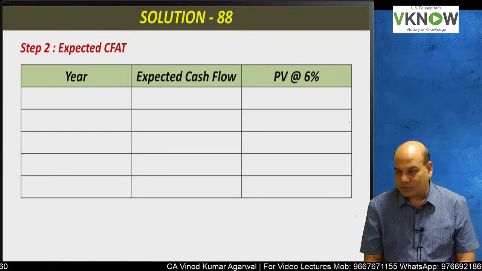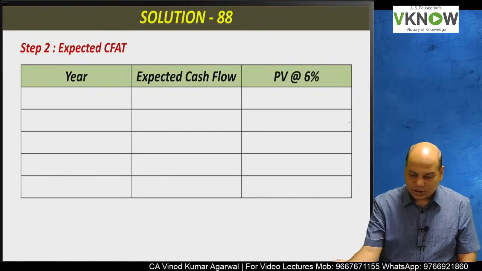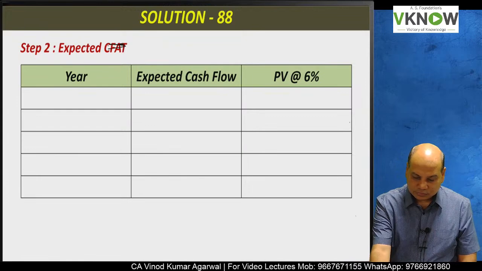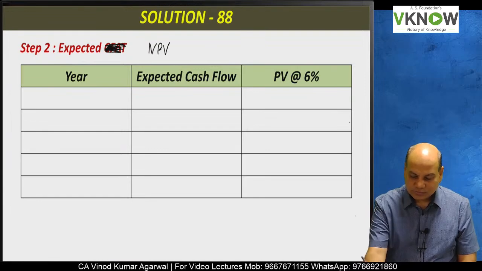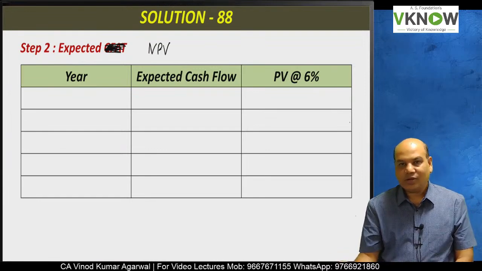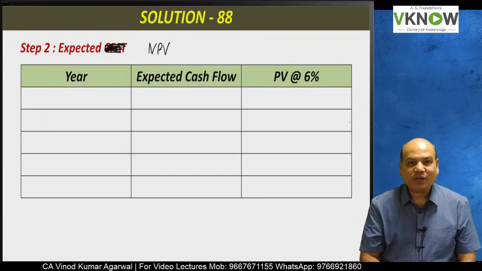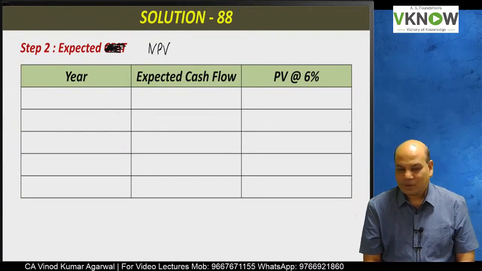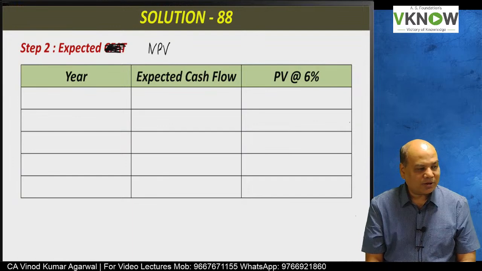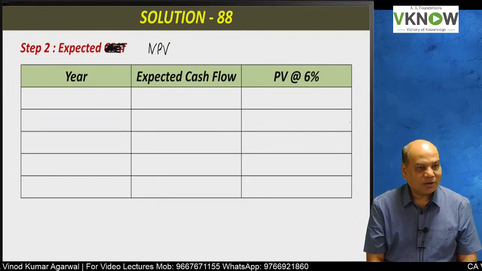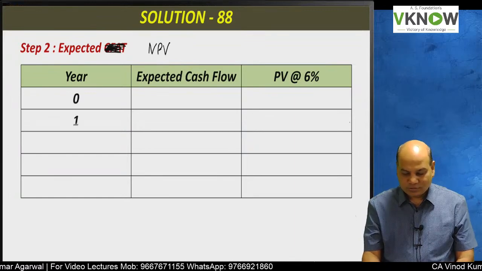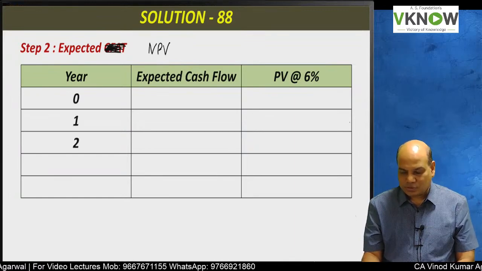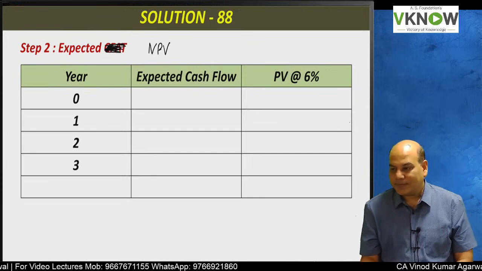Now write down step 2, expected NPV. Year, expected cash flow, present value at 6%. Year 0, 1, 2, 3.